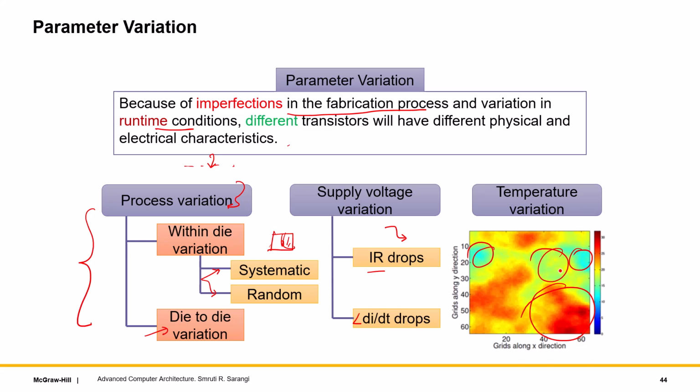Because in general, the higher the temperature, the higher the leakage. For some technologies, transistors speed up, for some others, they slow down. But in any case, this does lead to variation, and a combination of all three is quite deadly. It's called PVT variation, process, voltage, temperature, all being a part of the overall parameter variation umbrella.